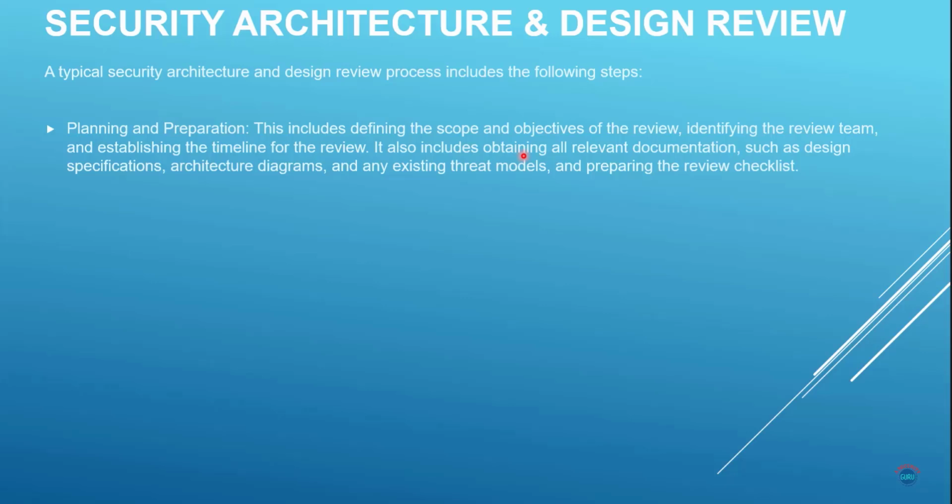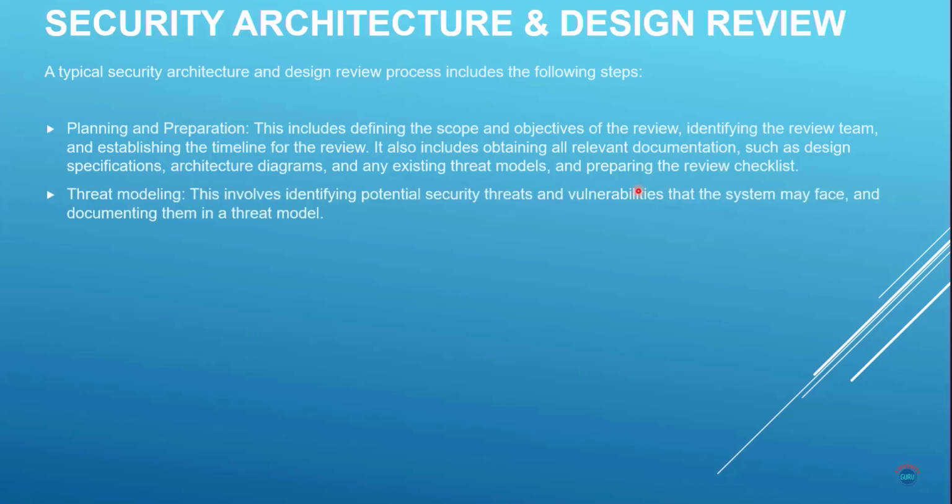It also includes obtaining all the relevant documentation related to the project, which can include design specifications, architecture diagrams, and any existing threat models. This documentation is provided by the project stakeholders to the security team that is performing the security architecture and design review process.